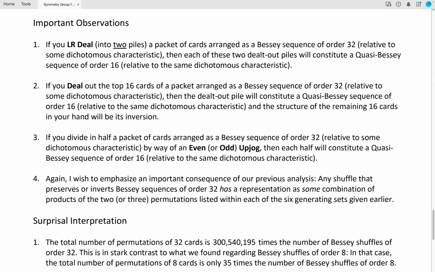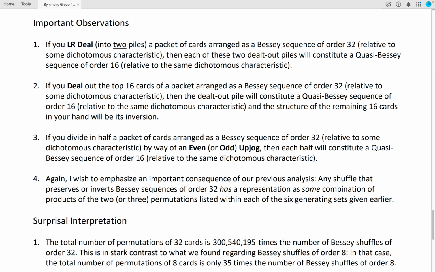If you deal out the top 16 cards of a packet arranged as a Bessey sequence of order 32, then the dealt out pile will constitute a quasi-Bessey sequence of order 16, and the structure of the remaining 16 cards in your hand will be its inversion. 3. If you divide in half a packet of cards arranged as a Bessey sequence of order 32 by way of an even or odd up jog, then each half will constitute a quasi-Bessey sequence of order 16.